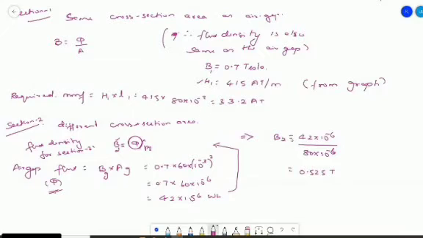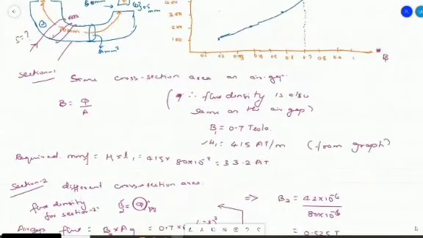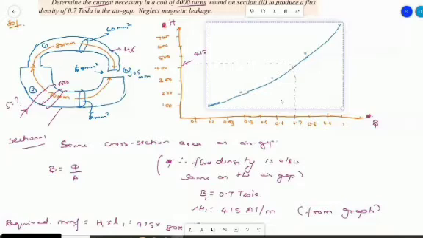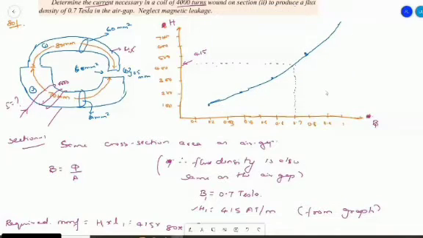And now again let us try to use the graph that we have drawn. Going back to the graph. Now look at this graph. So for 0.525 Tesla, let us see how much H we are getting.